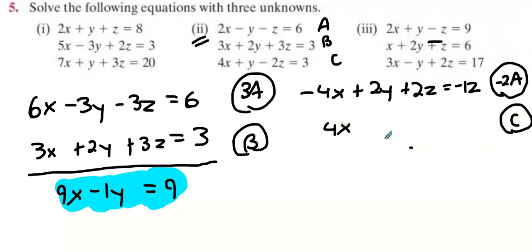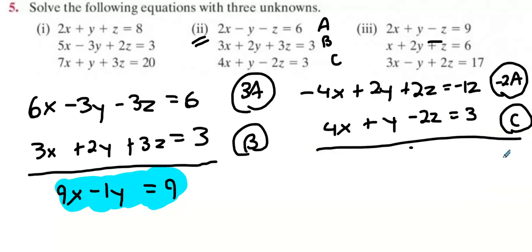Yeah. I think one of them eliminates both letters if you get lucky. I think I got minus 2a and c. I think I got rid of the z's and the x's all in one go. Sometimes that happens. So I'm going to get 3y equals minus 9. Then, obviously, the plan goes by the wayside.